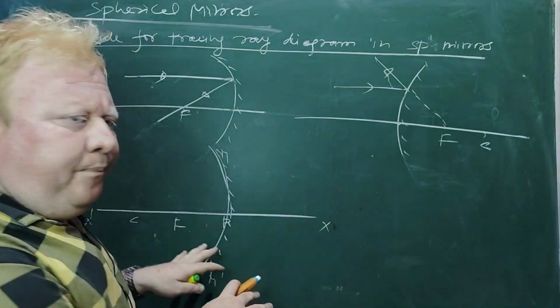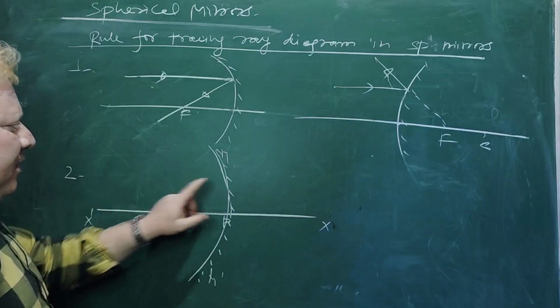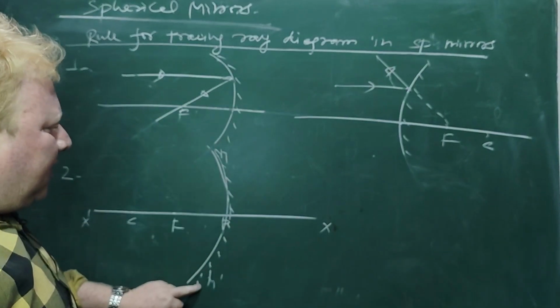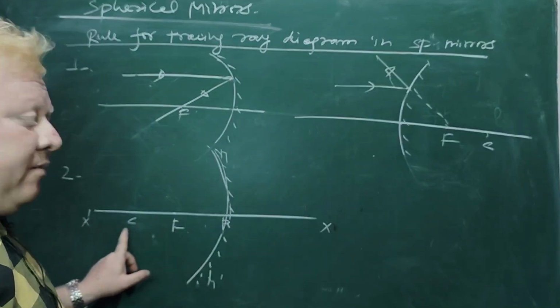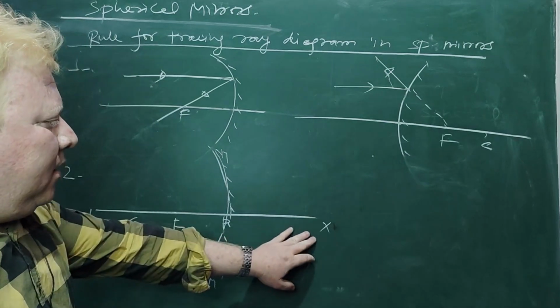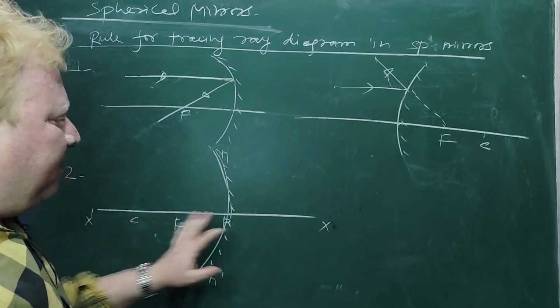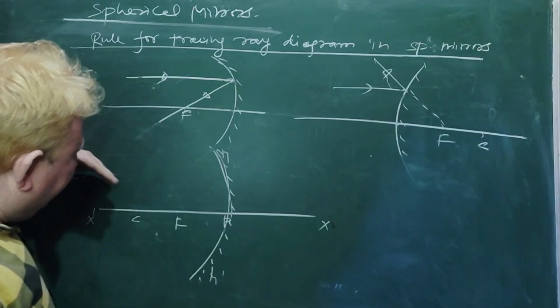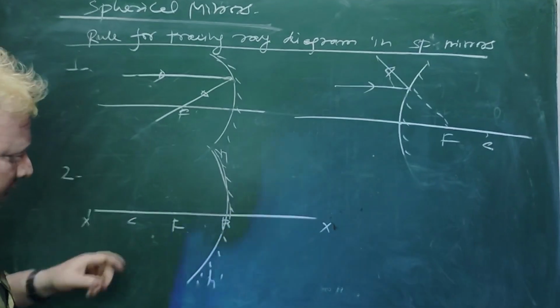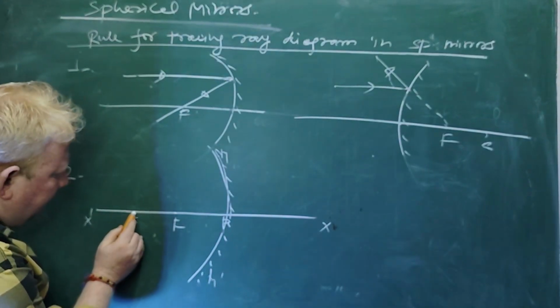Let us consider a concave mirror whose pole is P, focus F, and C the center of curvature. Now if any light ray passes through the center of curvature, it will retrace its path.